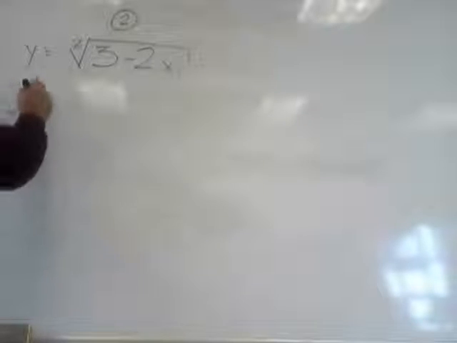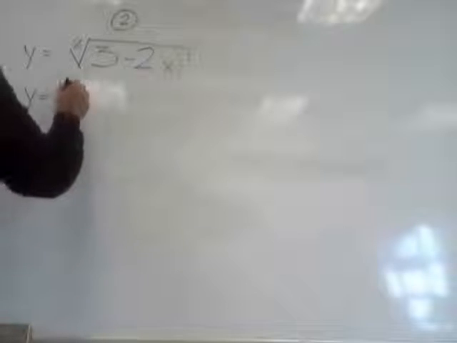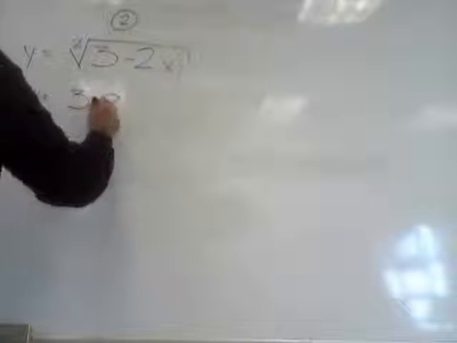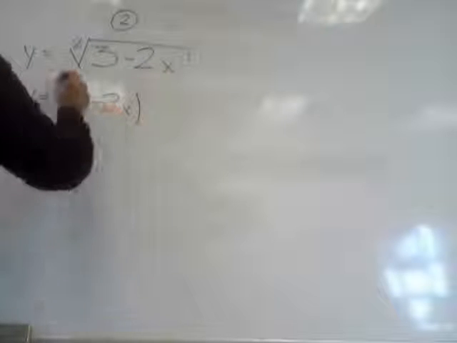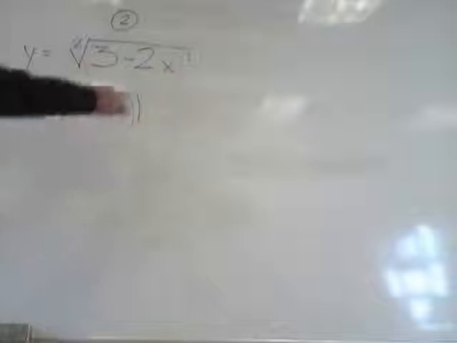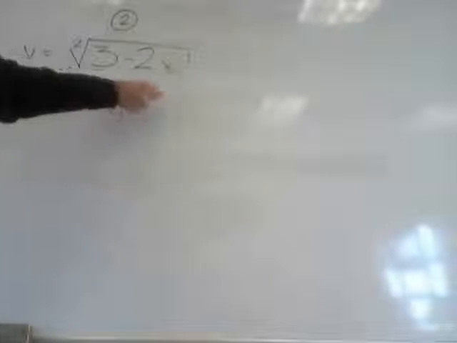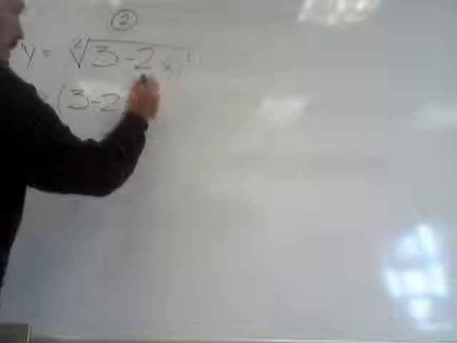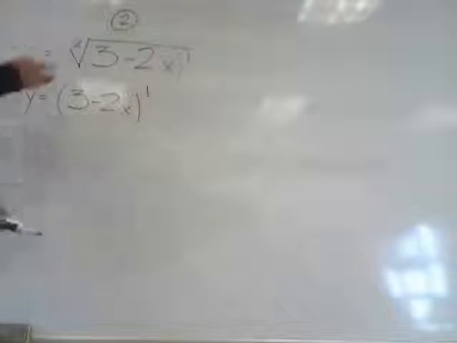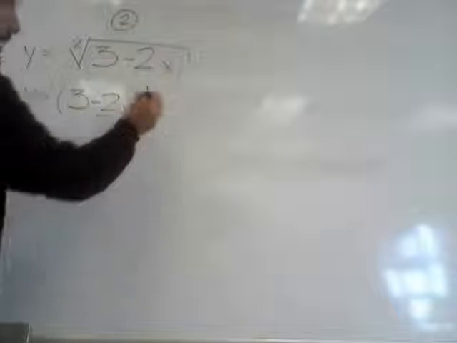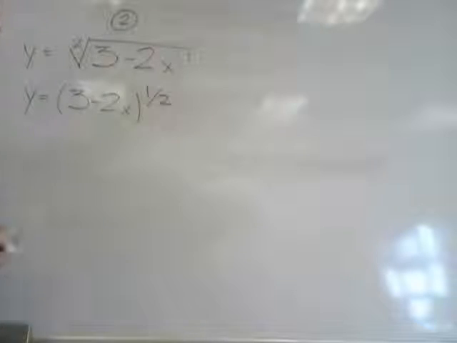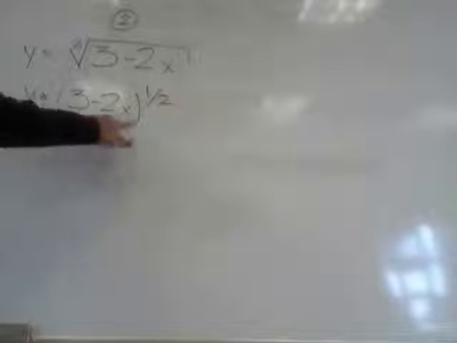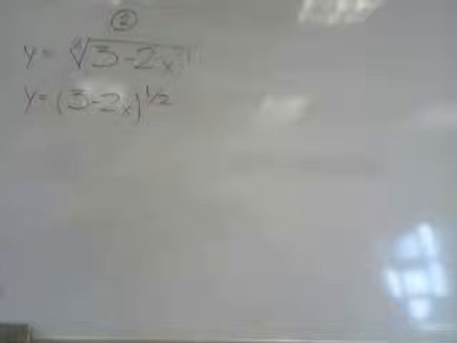To do that, I'm going to take 3 minus 2x, parentheses, and I will have 1 remains with the equation, and these 2 as a denominator. Okay, so I will have this term to 1/2 power.